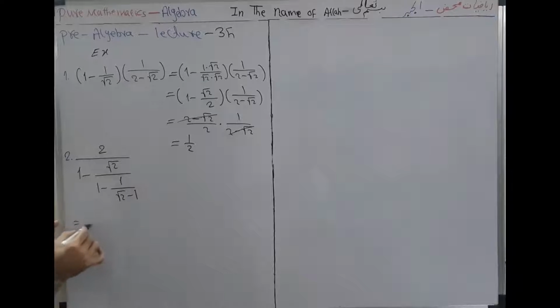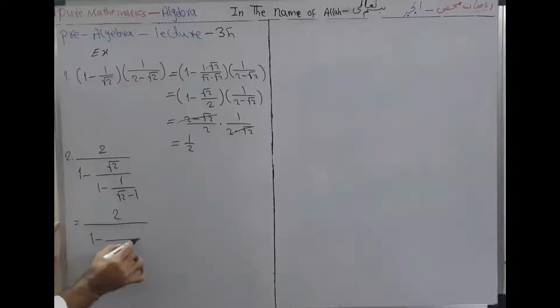It is equal to 2. We write 2 over 1 minus square root of 2 over 1 minus 1 multiplied by square root of 2 plus 1 over square root of 2 minus 1 into square root of 2 plus 1.